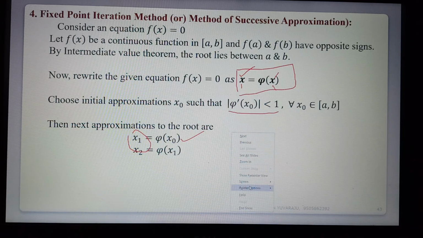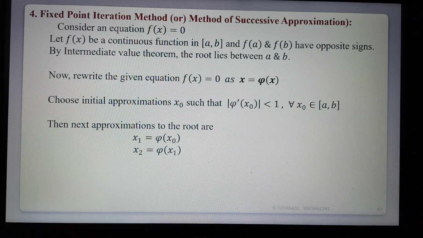Similarly, we find the third approximation, the fourth, and so on. x2 is equal to phi of x1, and so on, up to xn is equal to phi of xn minus 1, where n is any positive integer. With n equal to 1 we substitute phi of x naught, x2 is phi of x1, x3 is phi of x2, and so on.